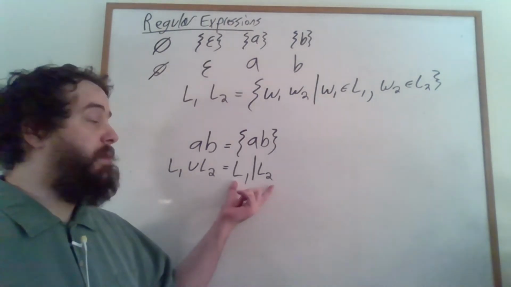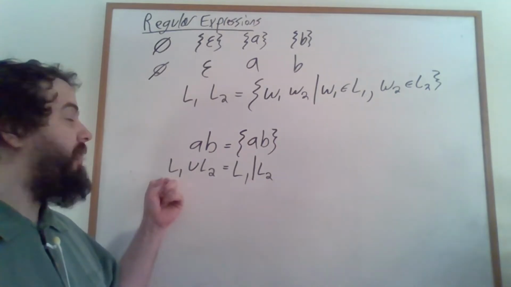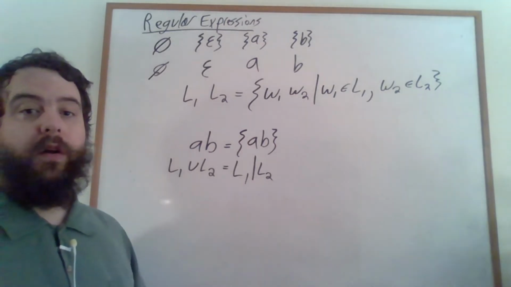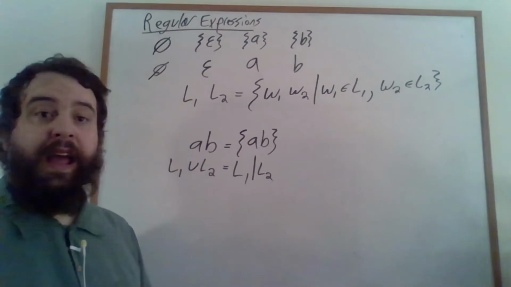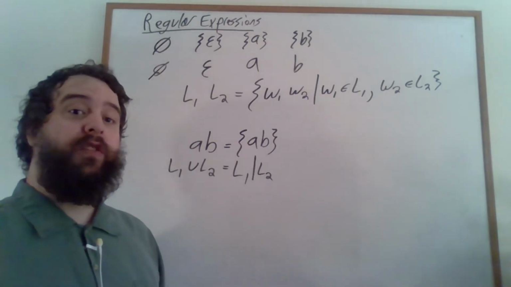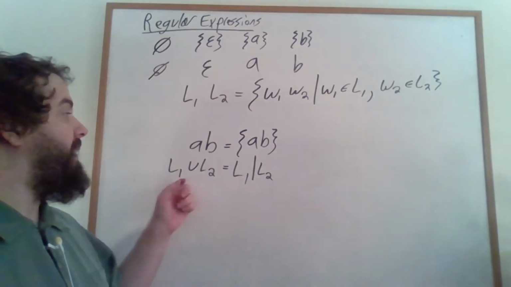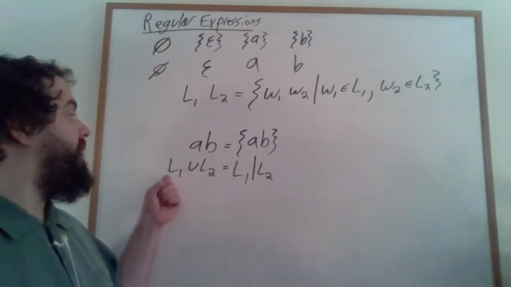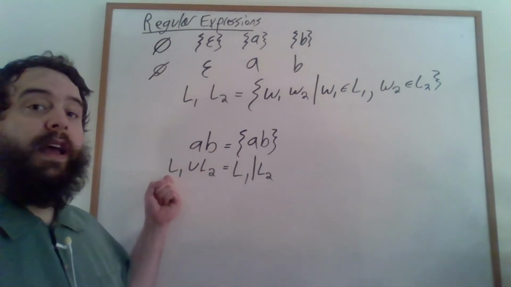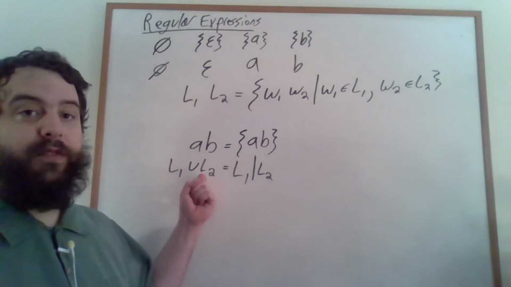That's what it means to be part of this language. You are either part of the first language or you're part of the second language. And it's actually really straightforward to produce a non-deterministic finite state automaton recognizing this language given a finite state automaton for L1 and a finite state automaton for L2.